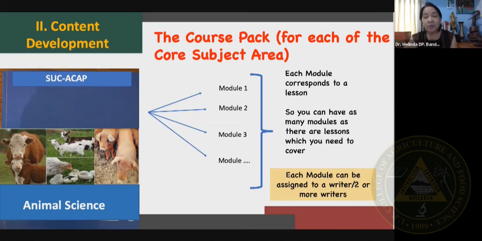And each module can be assigned to a writer or two or more writers. Pwedeng isa, pwedeng dalawa, depende dun sa expertise, depende dun sa topic na i-cover. Again, for each core subject area, several modules corresponding to a lesson, and each module can be assigned to a writer.